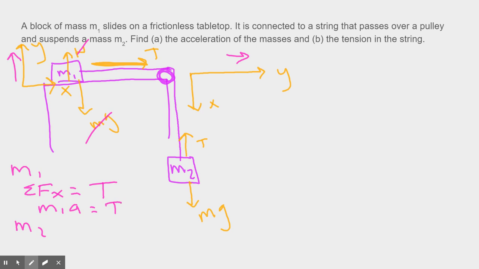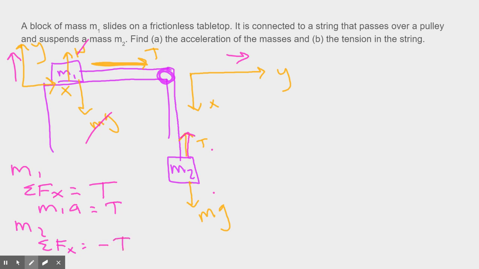For the second mass, we have two forces acting in the x direction. We have tension and we have weight. The tension is pointed in this upwards direction, which for our coordinate system happens to be negative x.